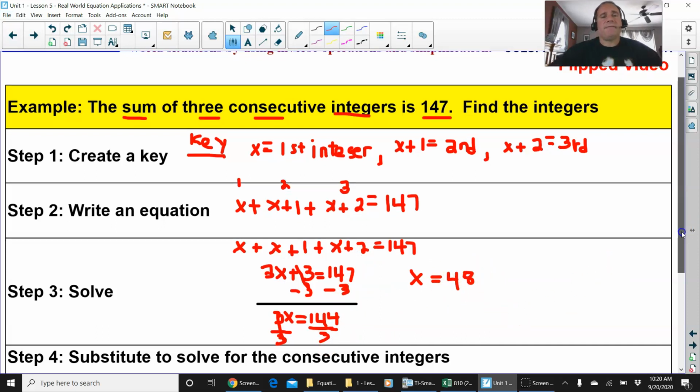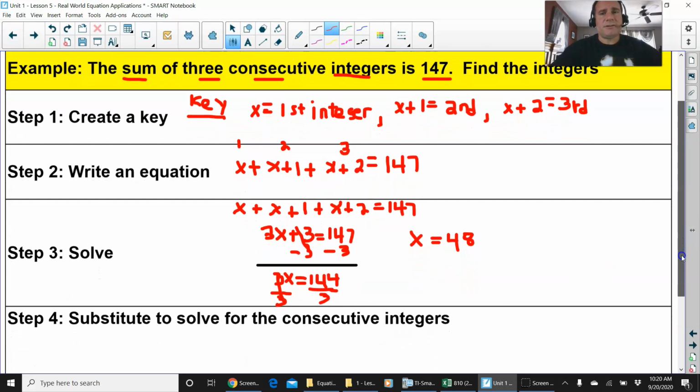So you're not finished with the problem though. You have to substitute to solve for the consecutive integers. So right now I'm just telling you in your key, I could put it right down here. X equals 48. That's the first integer.